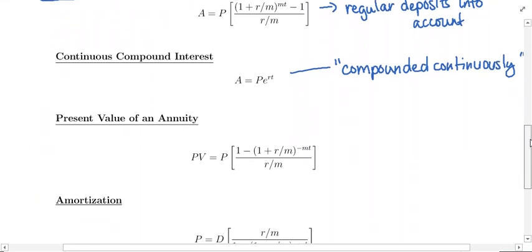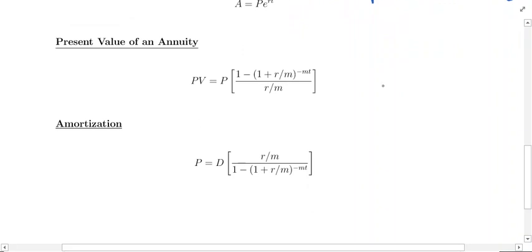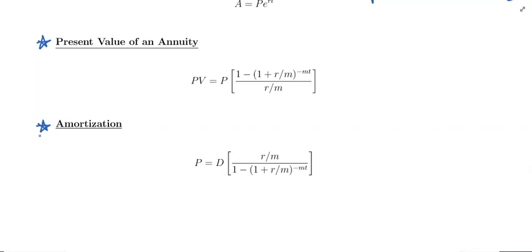So let's scroll down. In section 3.4, we're going to be covering the present value of an annuity formula and the amortization formula. I am going to cover them separately, not together. If you go into D2L, you're going to see a separate packet of notes for each concept.